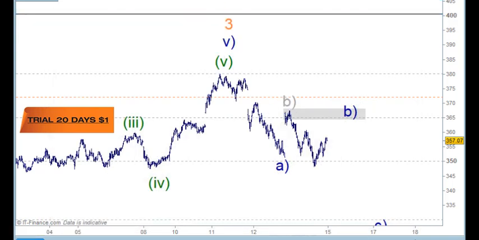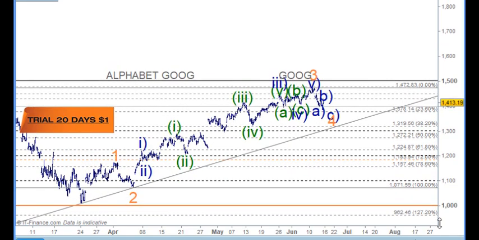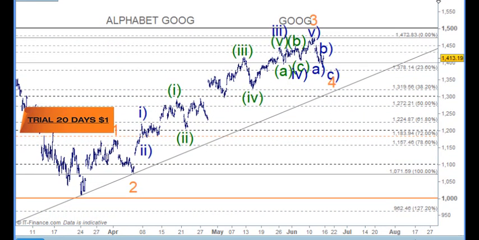So that said, let's move on to the next stock, Alphabet, Google. There we go. I'm putting this in the same fish pond in terms of a wave 4 and the same pattern.